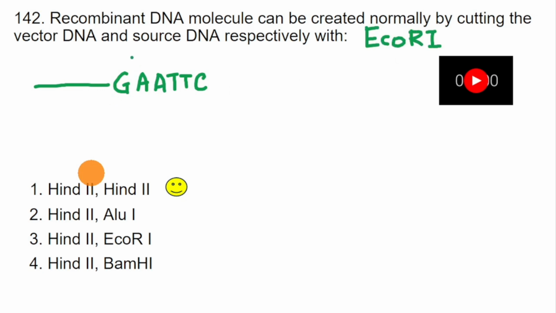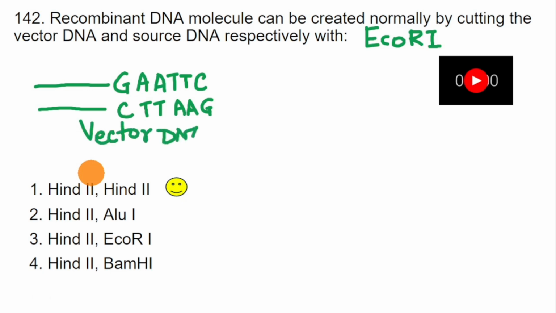So it is going to break the bond between G and A. The complementary strand will be CTTAAG. Now this is vector DNA. Now to ligate, the source DNA should have identical sequence of EcoRI.